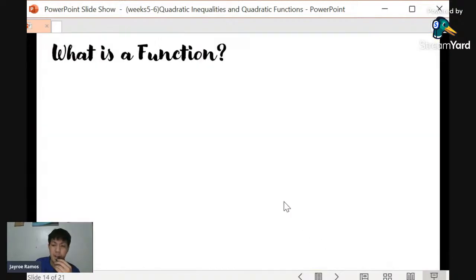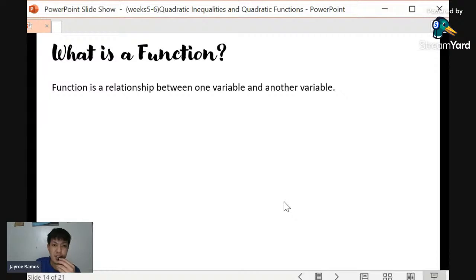Okay, so the first part, of course, is what is a function? Ano ba ang function? Hindi nyo lang alam, ang function ay lagi nyong ginagawa. Lagi nyong nararanasan everyday. Hindi kayo mabubuhay ng walang function. Okay? So later on, i-explain ko kung bakit hindi kayo mabubuhay ng walang function. So ano ba ibig sabihin ng function?